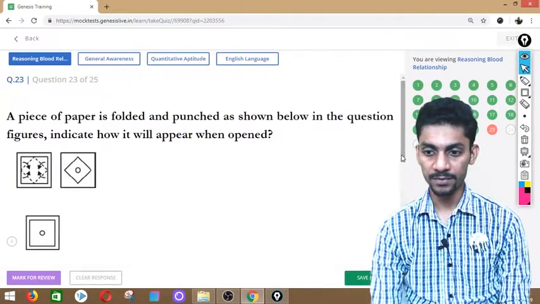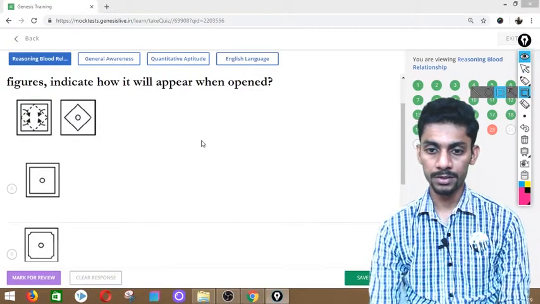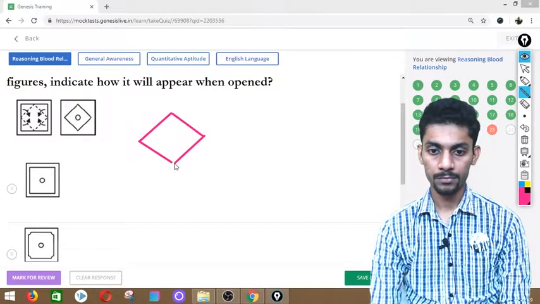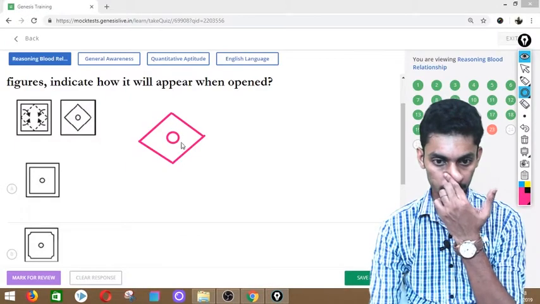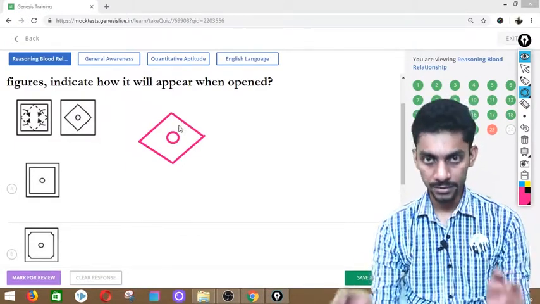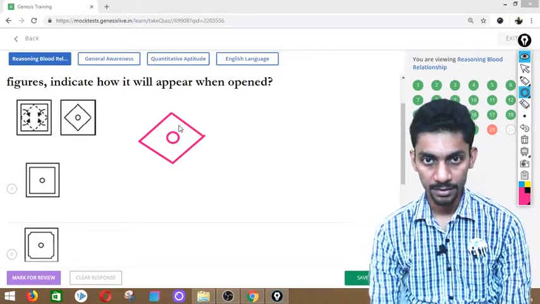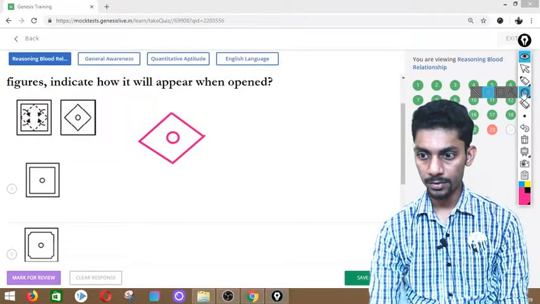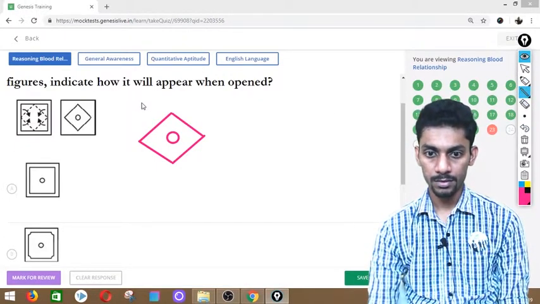Okay. Next one. So there's a figure. When it is opened outside, what will happen? When it is folded in now, we can see the circle. When you fold out, you will have lines here.